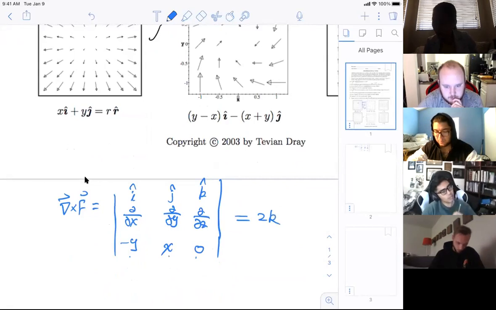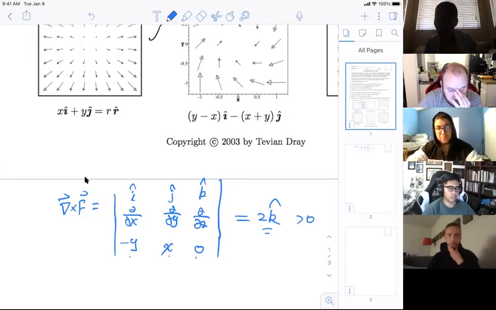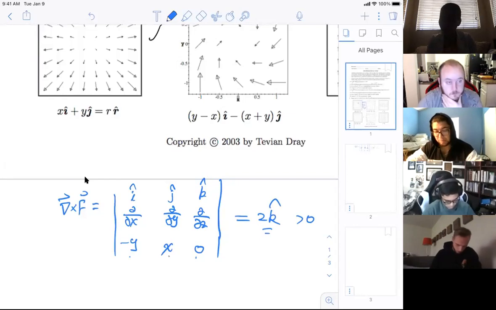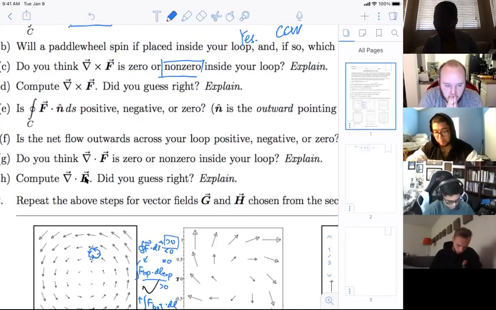You will get 2k, and that is in the k direction. And again, it's positive. The mathematical method gives us the same result as our conceptual method and our intuition. So that is three different ways to do this, and we got it correct.